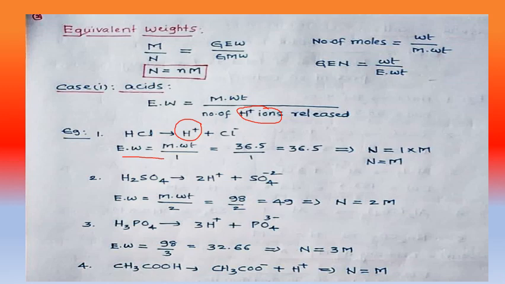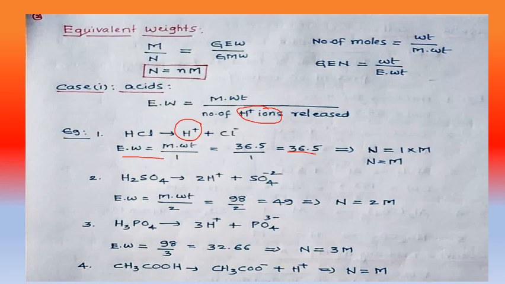So finally 36.5 is the equivalent weight. You should know the procedure. How am I calculating molecular weight? Very simple. Hydrogen value is 1 and chlorine molecular weight is 35.5. If you add 1 plus 35.5, you will get 36.5. This is the procedure to calculate. You already learnt this in your 9th standard.